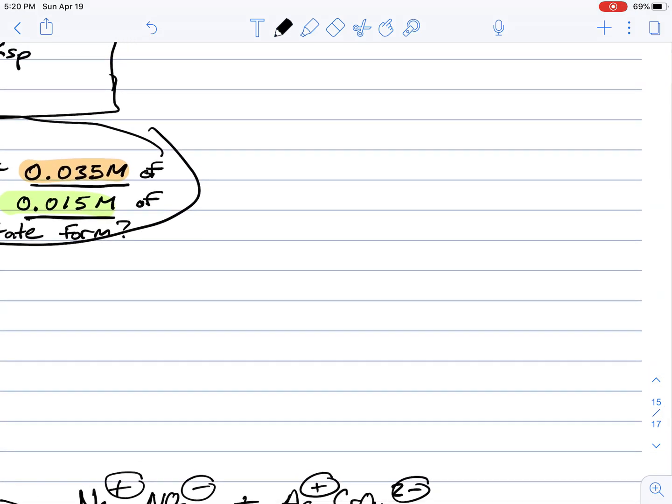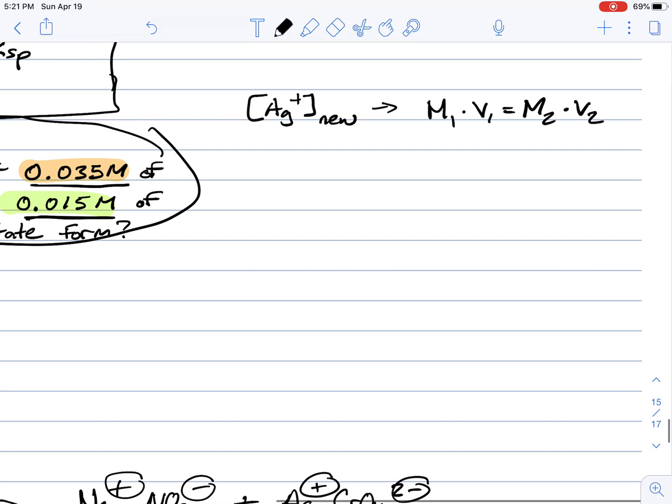If we want to figure out the new concentration of silver, we're going to have to use our dilution equation. And this new concentration is representative of M2. So M2 is the concentration that we want to figure out.